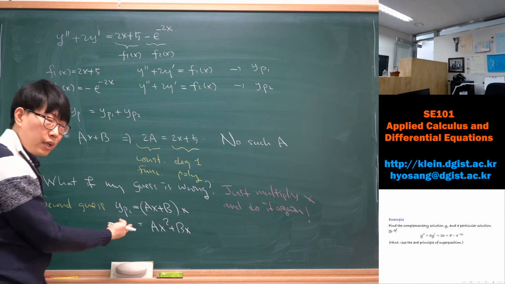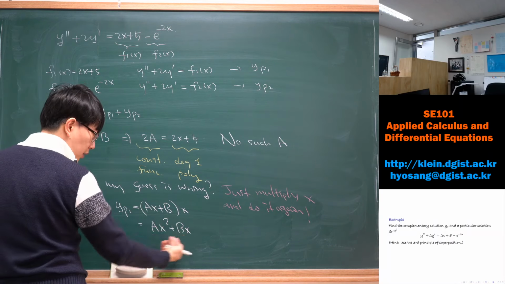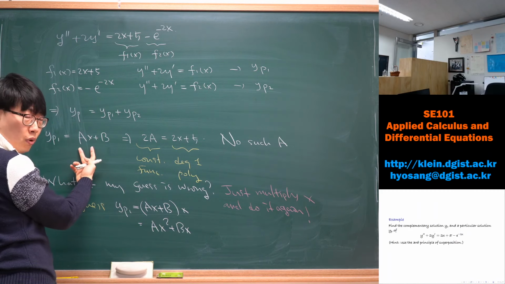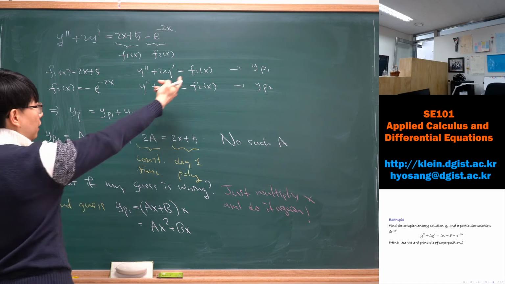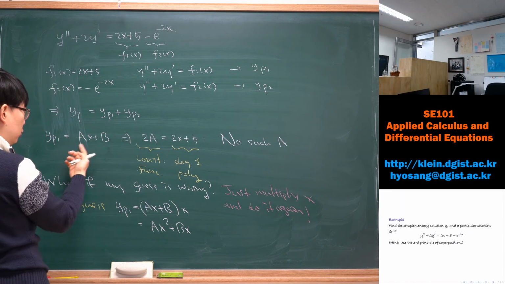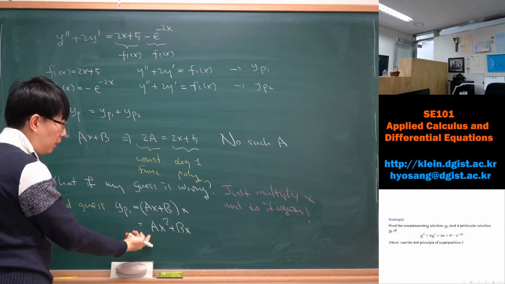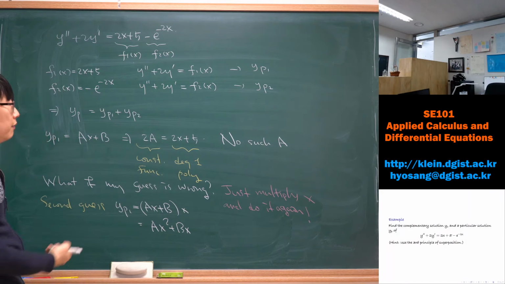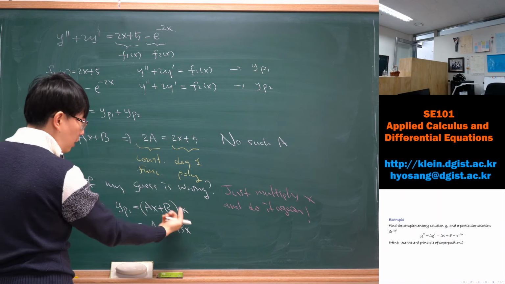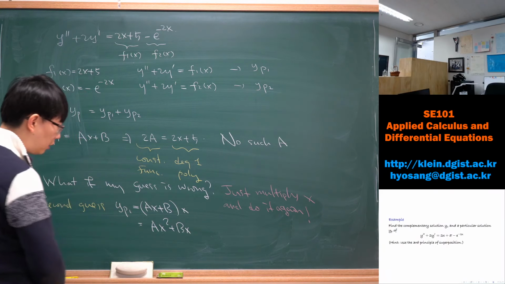That is okay because I came up with this candidate from the failure of the degree 1 polynomial. If I had a second degree polynomial for the non-homogeneous term in the beginning, I should have started with the general form of a quadratic. But this is a first degree polynomial. So I tried, but I failed. So it's okay, just start with the multiple of x.